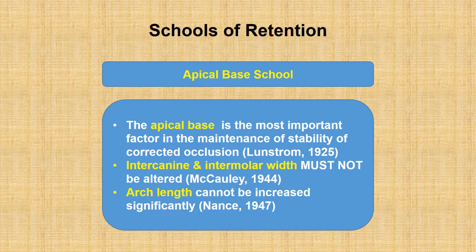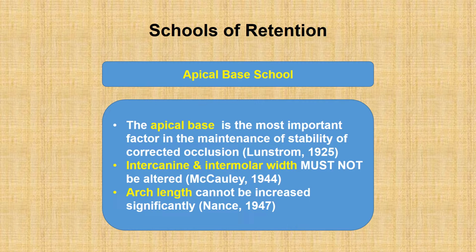The second school of retention is the apical base school, which states that the apical base is the most important factor in the maintenance of stability, and especially the intercanine and intermolar width must not be altered from the original width.